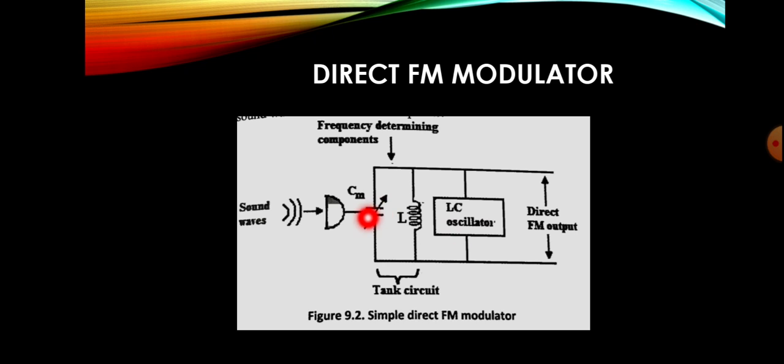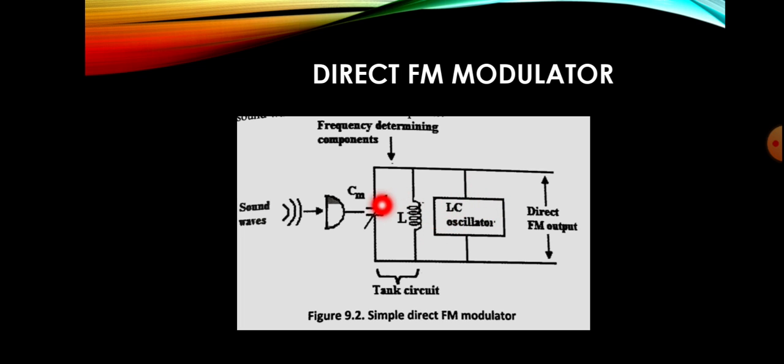The capacitor CM has a capacitance. Whenever the input applied to it changes, there will be changes in the distance between its plates, and so there will be changes in the capacitance value. Once the capacitance value changes, the frequency produced by the oscillator changes.